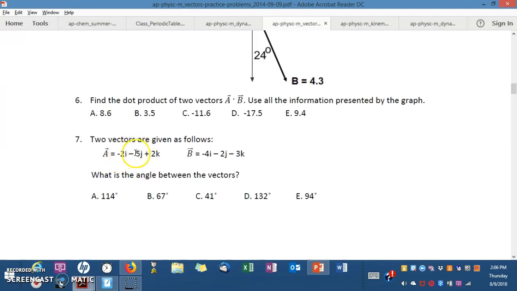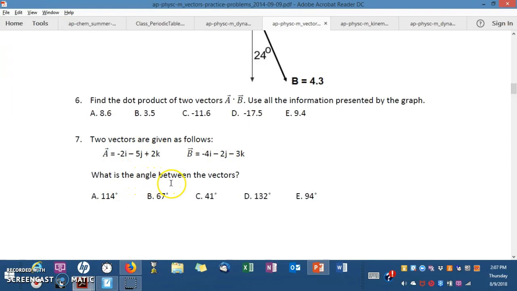This is negative 5j, so again j is the versor, the unitary magnitude vector along y, and k is the same thing along z. So this means you have a minus 2 in the x direction, minus 5 in the y, and plus 2 in the z, and same thing for this one. So you have the components of those two vectors.